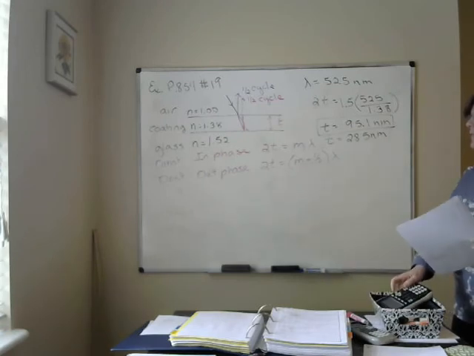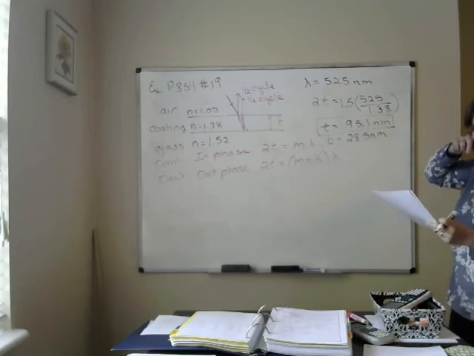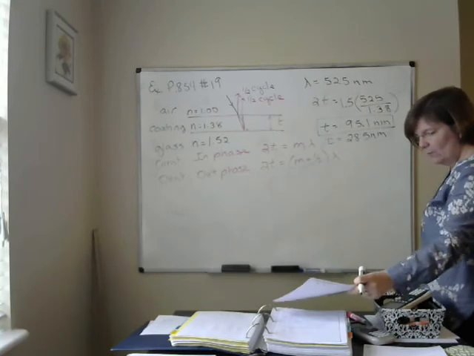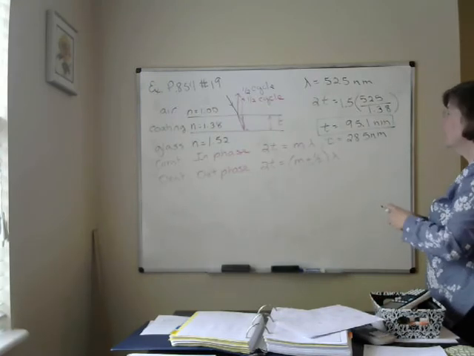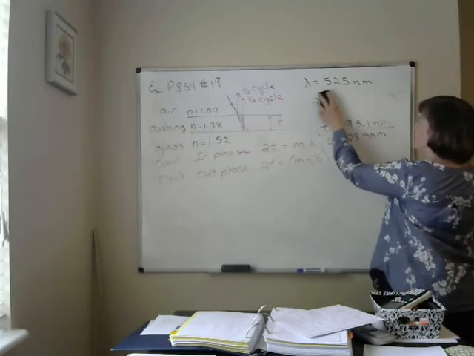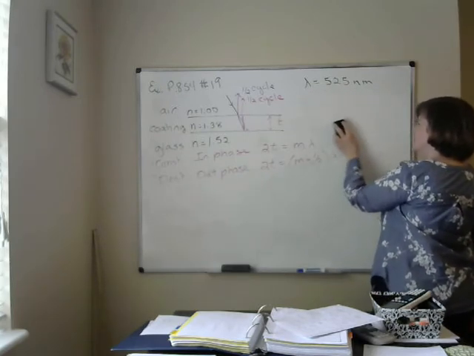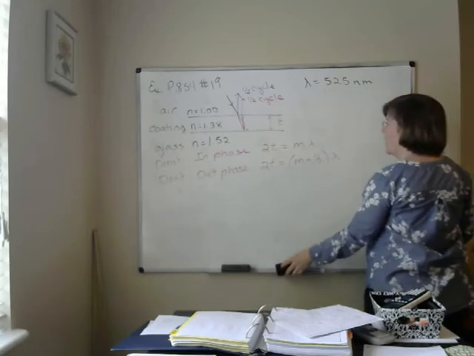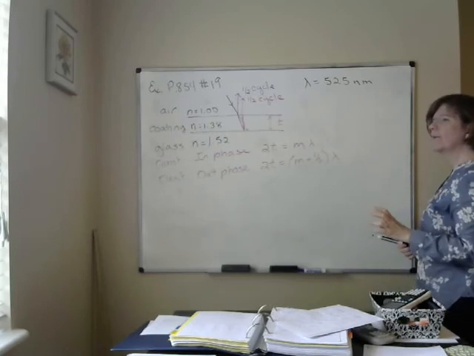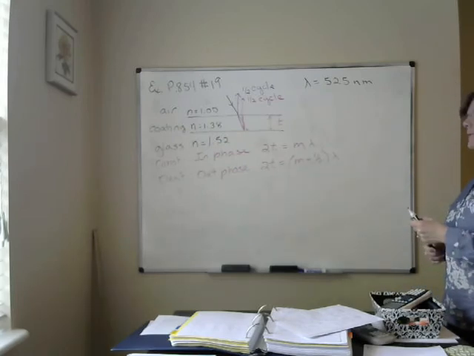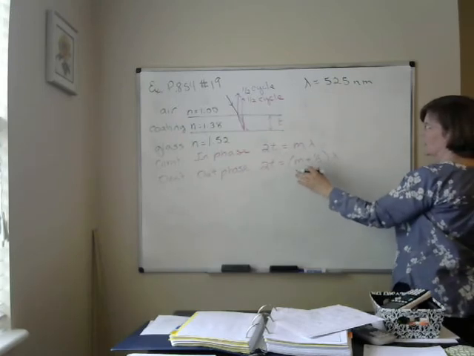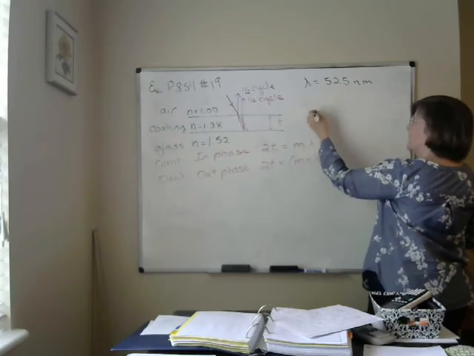But actually, neither of those are the questions that were asked in problem 19. In problem 19, they said that the wavelength of 525 reflects most strongly. So they're telling us this wavelength of 525 has a very positive or constructive interference with itself, and they want to know the minimum possible thickness of the film. Well, if this is constructing positively, we know that happens at 2t equal m lambda.